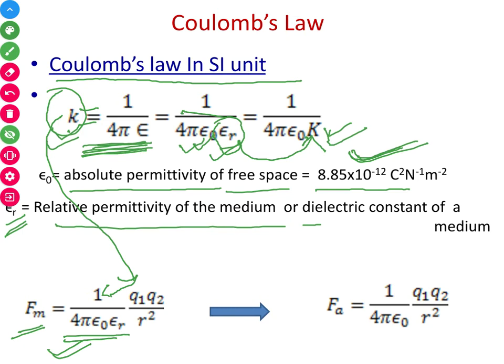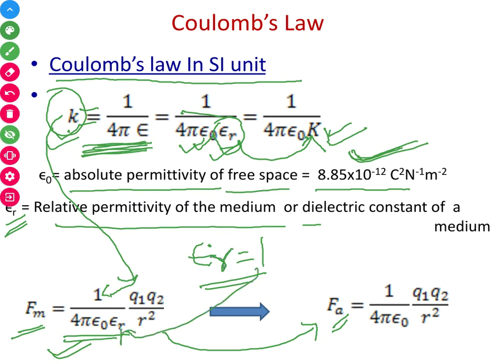But in case of air, the relative permittivity epsilon r is equal to 1. So for air, this expression becomes Fa, the force between the two charges in air, where a stands for air. If we put epsilon r equal to 1, the expression changes: Fa is equal to 1 upon 4 pi epsilon naught into q1 q2 upon r square.